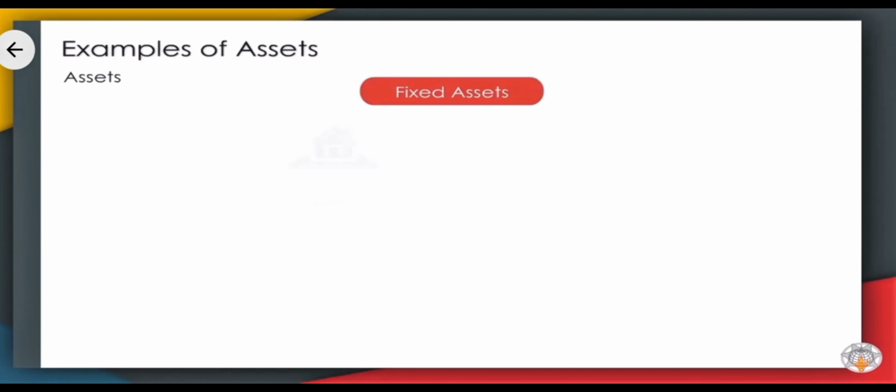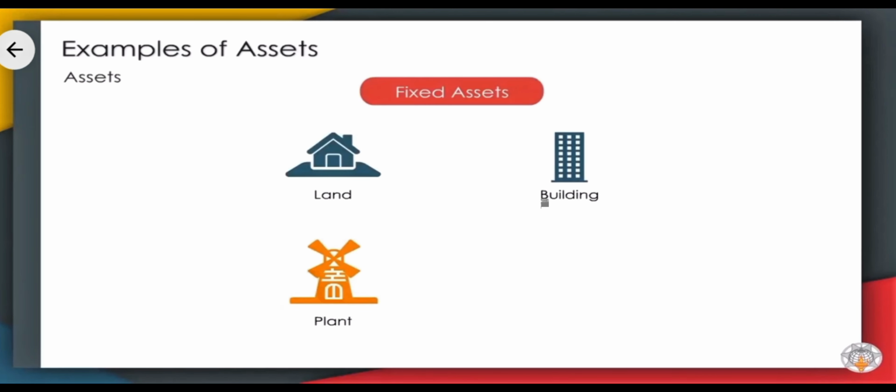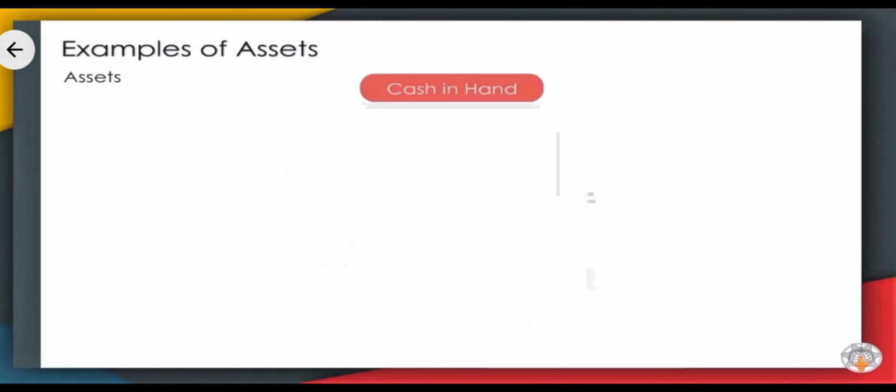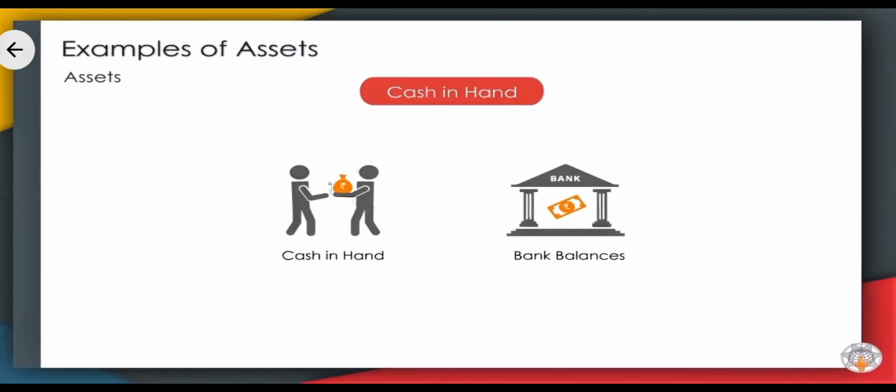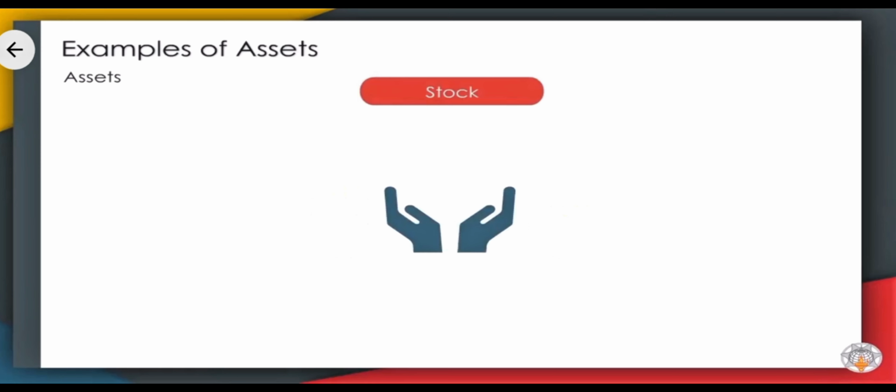Examples of assets. Assets: fixed assets, land and building, plant and machinery. Cash in hand and bank balances. Stock, stock in hand.